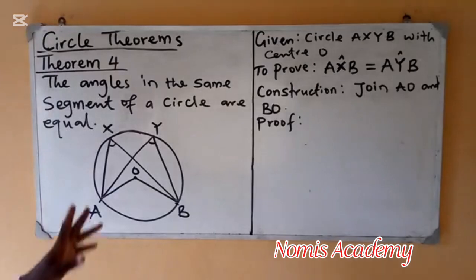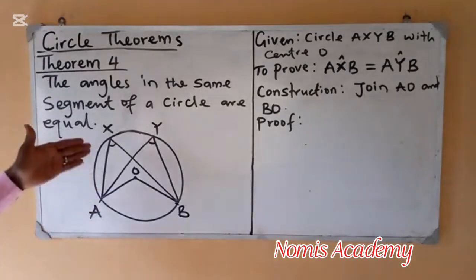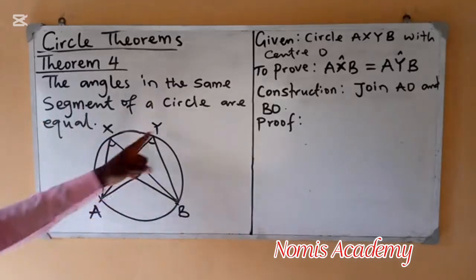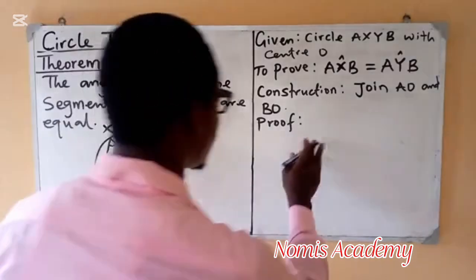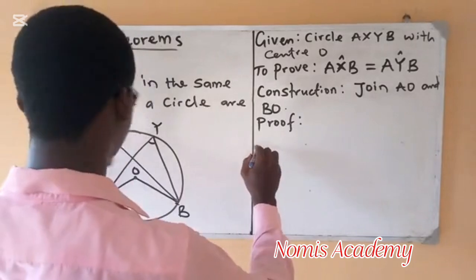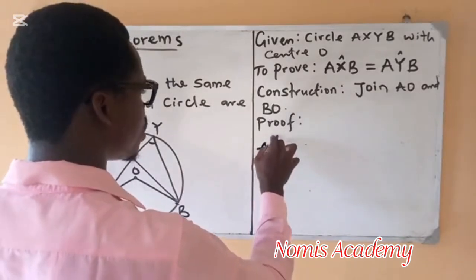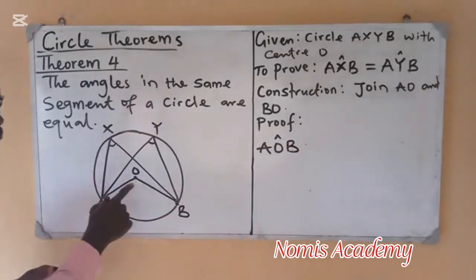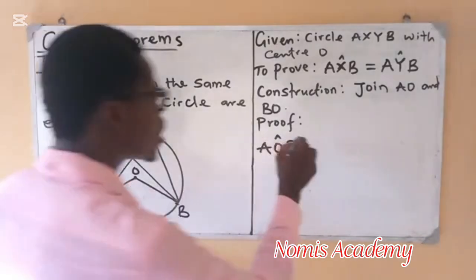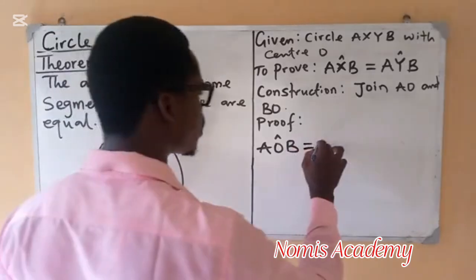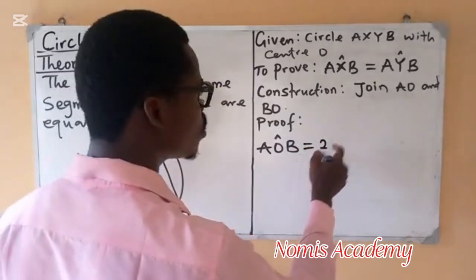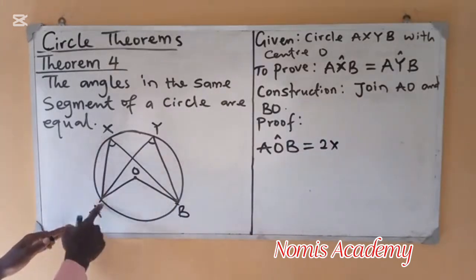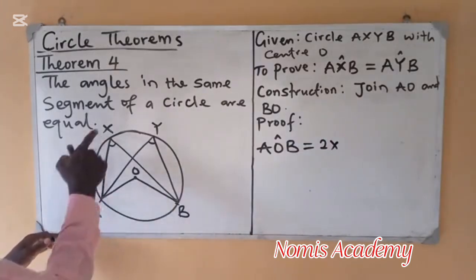Now we consider the angles AXB and AYB. Now you agree with me that AOB, which is the angle formed at the center, is equal to 2 times the angle formed at the circumference, which is AXB.